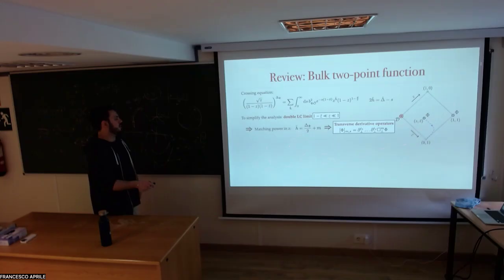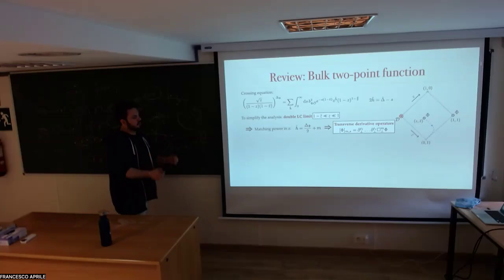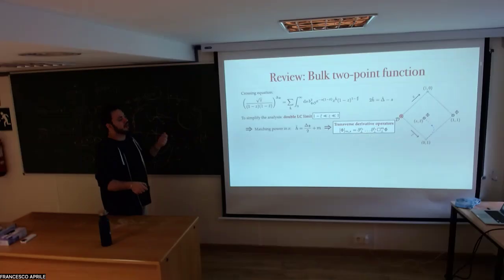This is the half-integer transverse twist, which tells us that the family of operators that are exchanged are these ones, which are called transverse derivative operators, which are the analog of the usual double-twist operators that appear in the case of the four-point function. The difference is that now this is not a double twist, it's more like a single twist. And here the label m is controlled by the expansion in z to 0, and you can see this as an application of some orthogonal derivative to the external bulk operator.